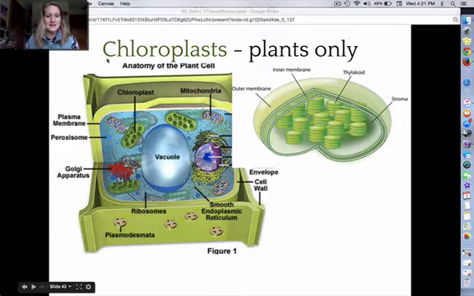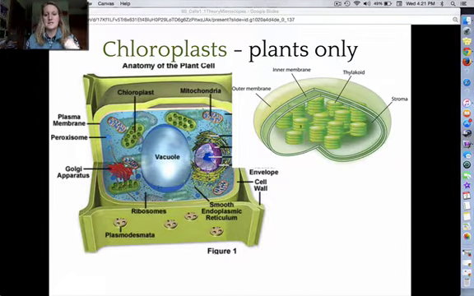And then the very last thing that you need to know is chloroplasts. Chloroplasts are in plant cells. So plant cells have the mitochondria to make energy, converting energy into energy usable in the cell. The chloroplast is green on purpose, and this is the reason why plant leaves are green.